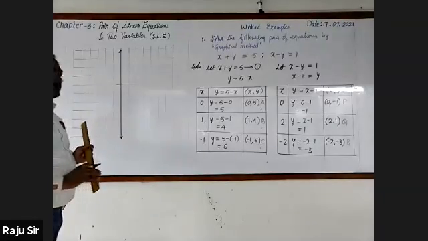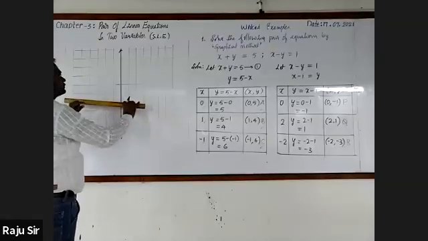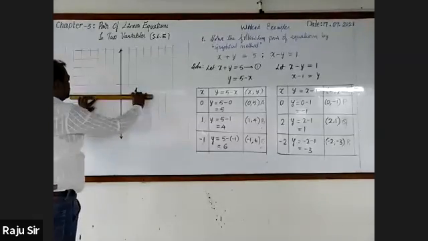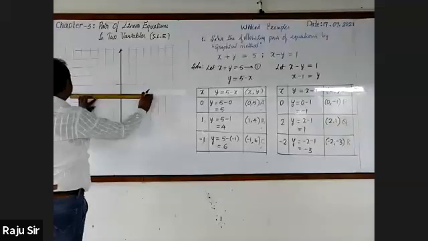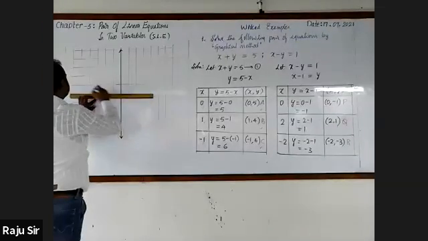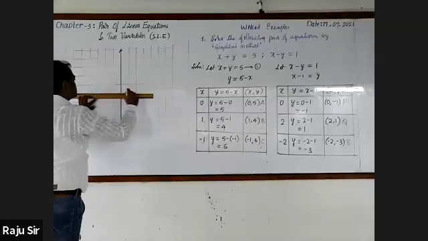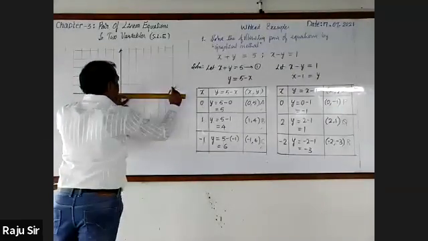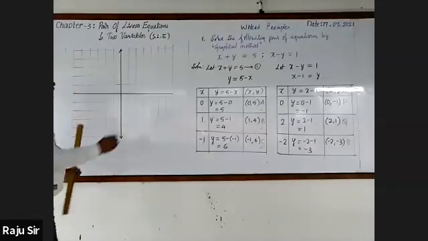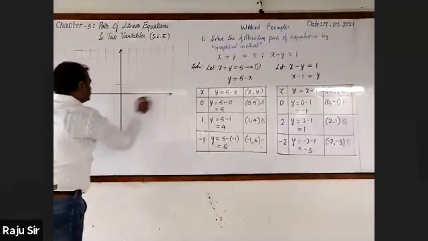Now again, draw another line which is horizontal, nothing but the x-axis. And show the arrow marks as well.